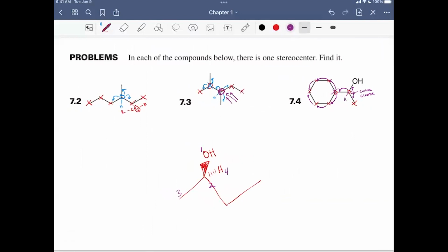Going from 1, 2, 3, 4, it goes 1, 2, 3, and then that's 4. Remember, with these wedges and dashes, you can mix them around. So you can show this as this as well, and it means the same exact thing. So if I want to renumber this right here, we would have the same thing going on.